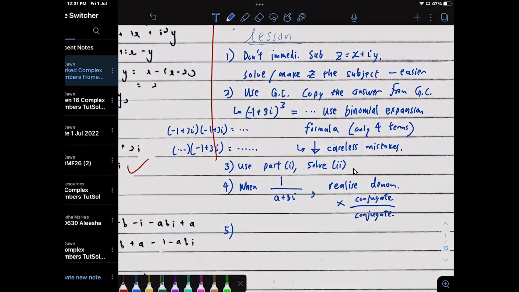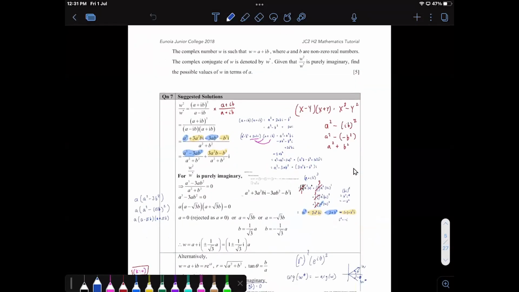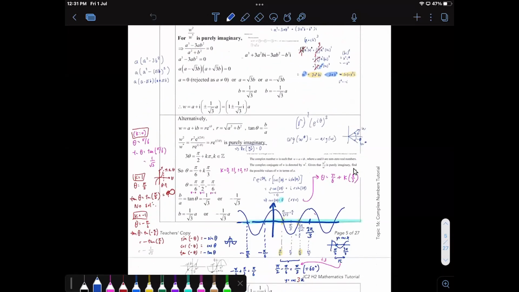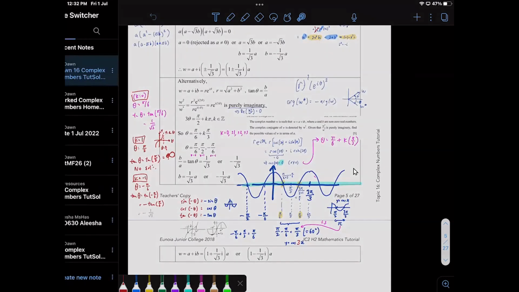What's another major mistake you made, if I can recall? Use binomial coefficient. Okay, this one. You never make full use of the re^(iθ) form. You just jump straight to z equals x plus iy. I think that's related to point number 1.